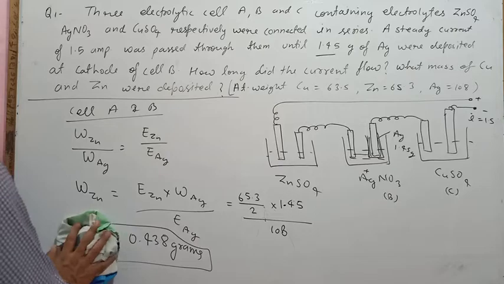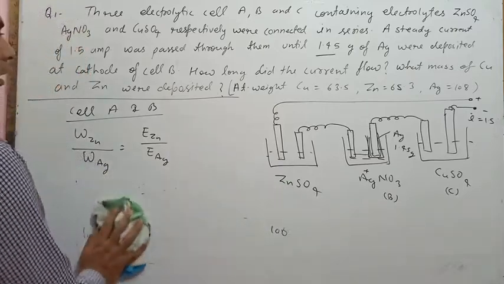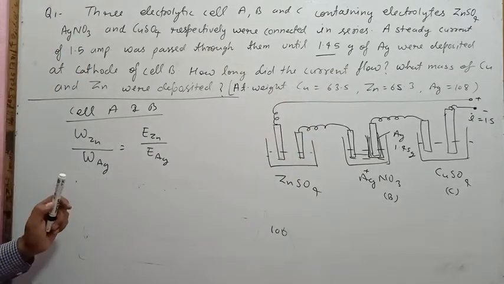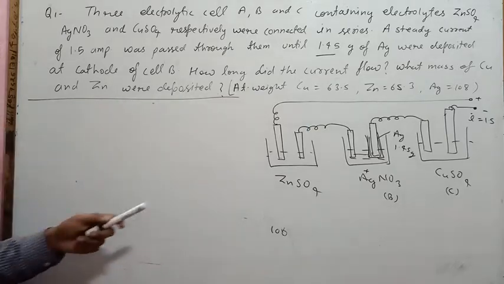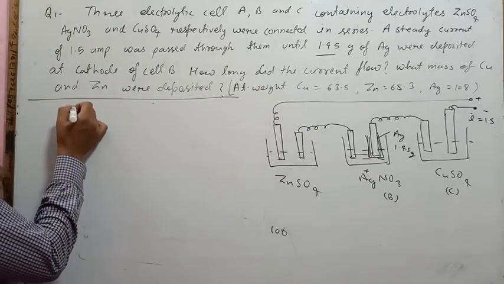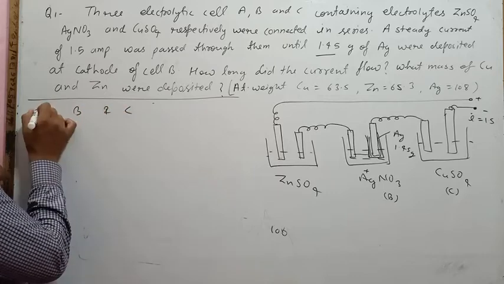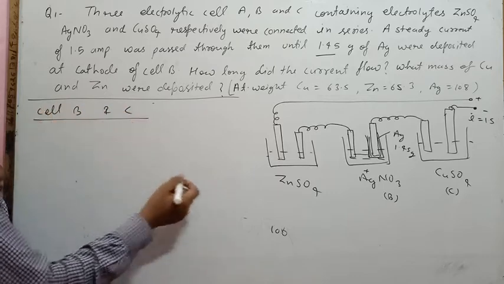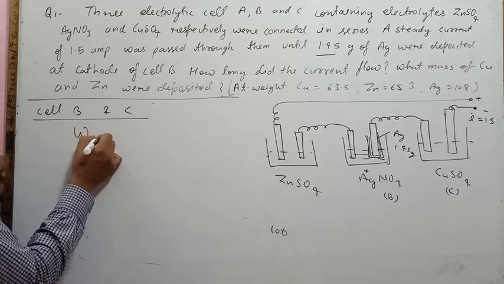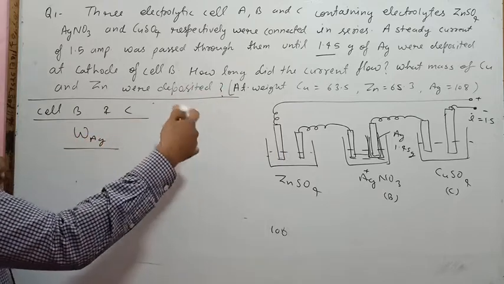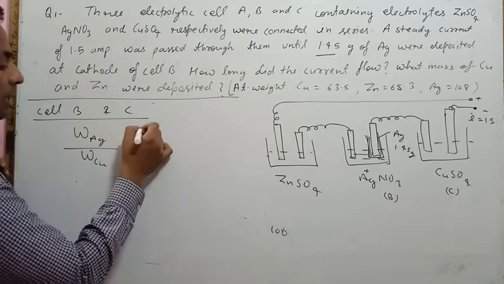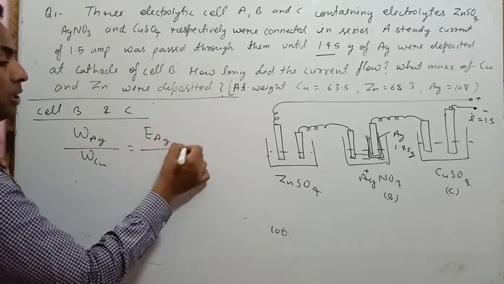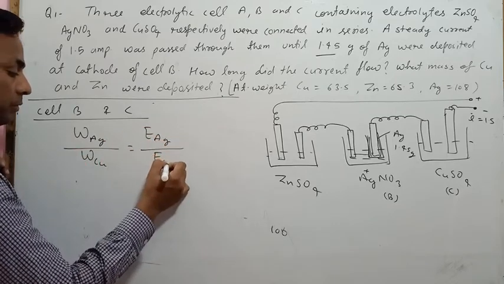Okay, next, the second question: also calculate the mass of copper. Look here, I am going to compare cell B and cell C. Mass of silver upon mass of copper equals equivalent weight of silver upon equivalent weight of copper.